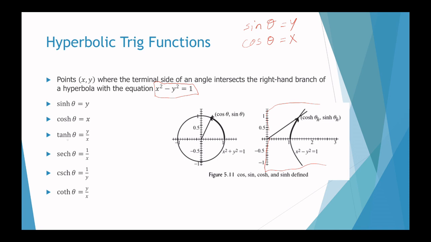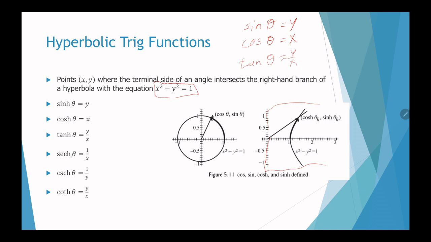When we talk about tanh of theta, it is y over x, sine over cosine. Well, that's really what tangent is, right? It's y over x. So tangent of theta is just equal to y over x. Same thing. These all hold the same thing.